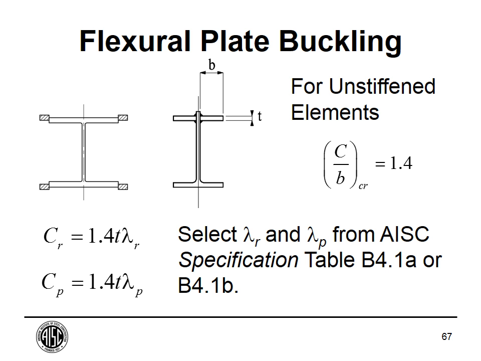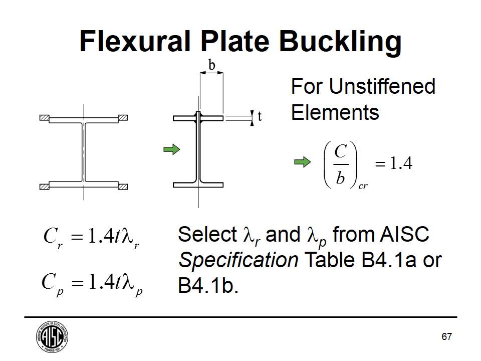Now another way we can use that old research that I referenced. Remember, we also talked about this critical ratio, C over B critical is 1.4 for unstiffened elements. So that might be this picture up here, where we have a free edge of the plate and one edge is welded.